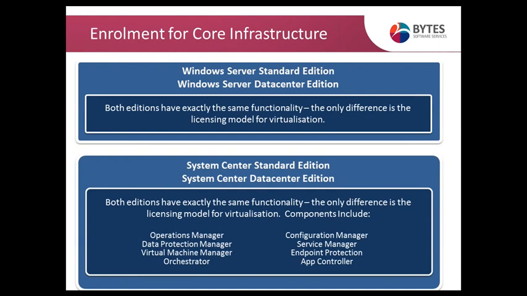So, just as a recap, Core Infrastructure Suite Standard Edition includes Windows Server Standard and System Center Standard. Core Infrastructure Suite Data Center just includes Windows Server Data Center and System Center Data Center, and it depends on your virtualization model as to which one you'd wish to go for. Again, speak to your Bytes account manager and they'll be able to help you out with that.